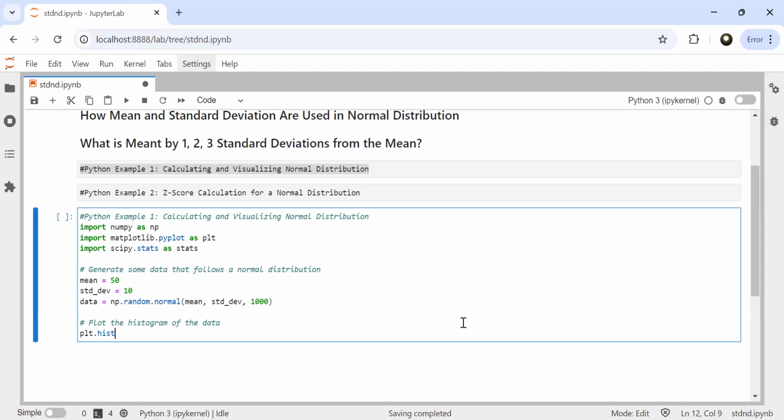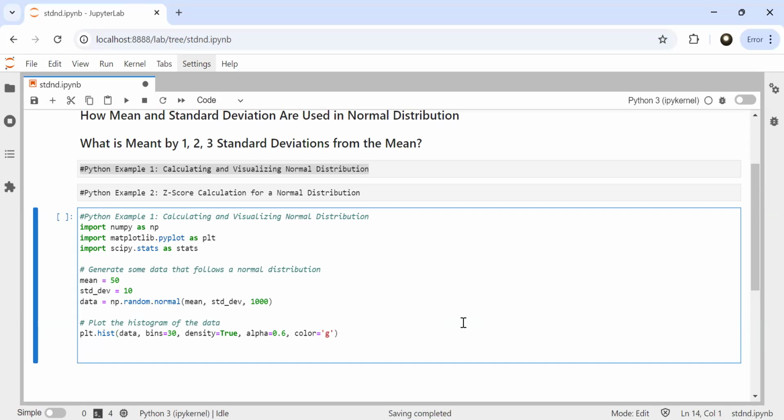So plt.hist, and we have to pass that data, set the bins, and density is True. Alpha we set to, let's say, 0.6, and then color, let's say g.